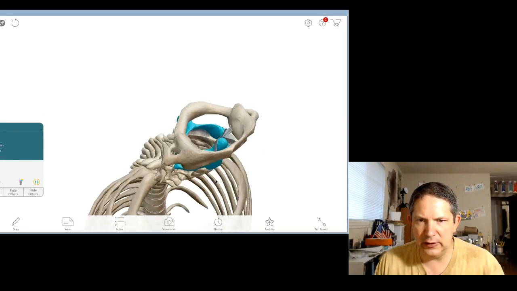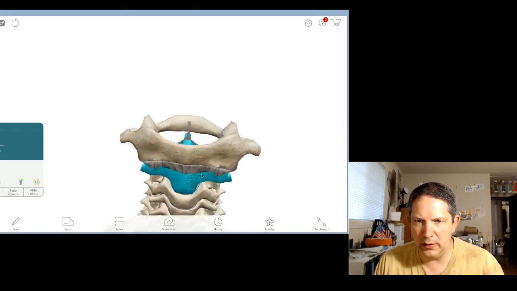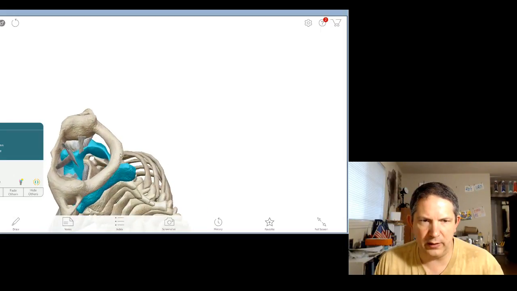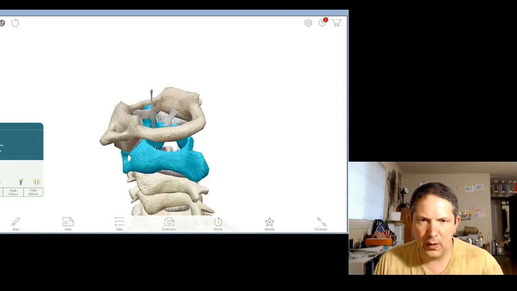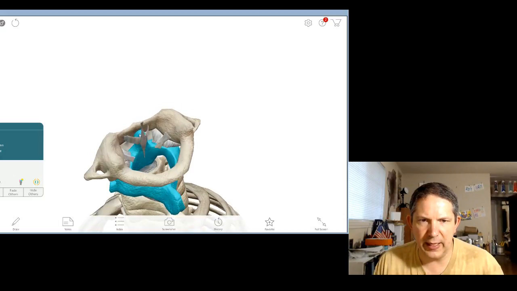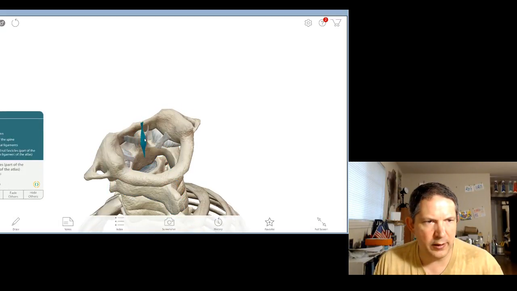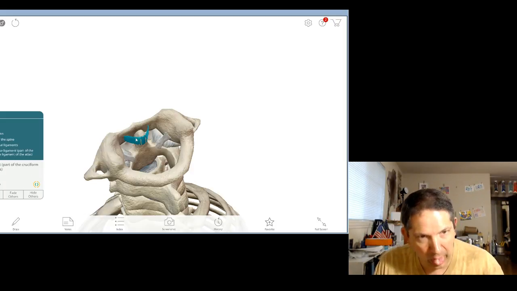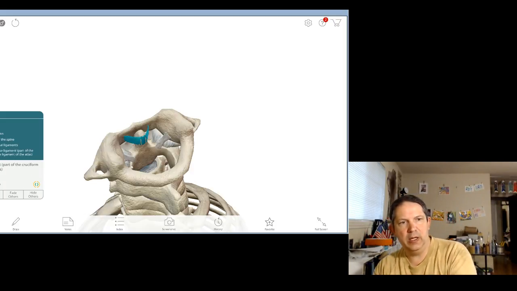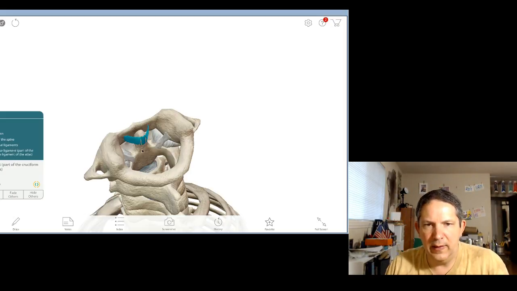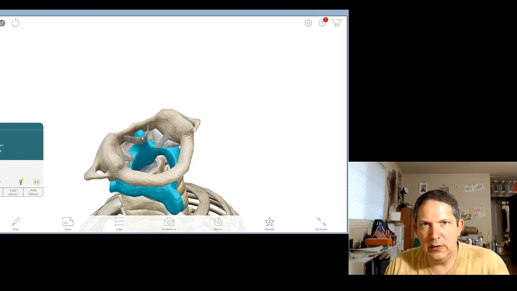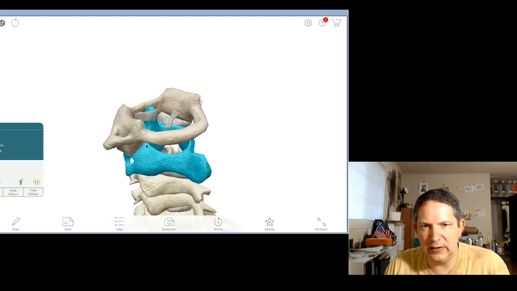There's the axis fitting into the atlas where the atlas body would be. The atlas has no body, vertebral body. Let me hide that one, and I'll keep this one. Finally got it. The transverse ligament is helping hold the dens or odontoid process, it's called both things, of the axis.